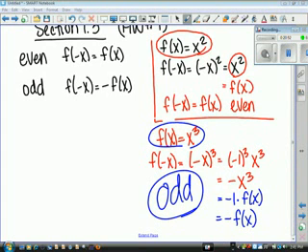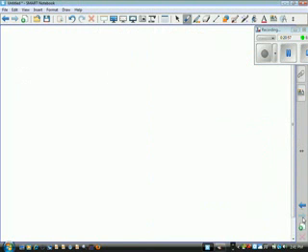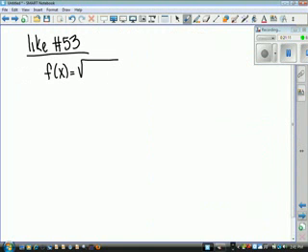So let's look at a couple of problems that are similar to what's on the homework. Let's take a look, for instance, at something like number 53. Let's say your function was the square root of x squared minus 9. And I want to know if it's even or odd. Well, to determine if it's even or odd, you do f of negative x.